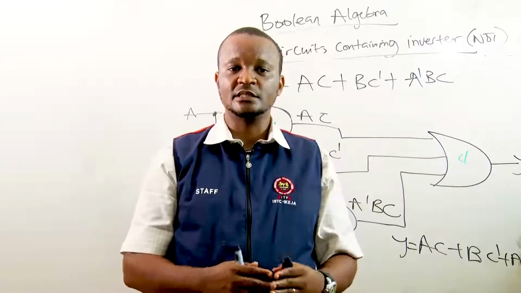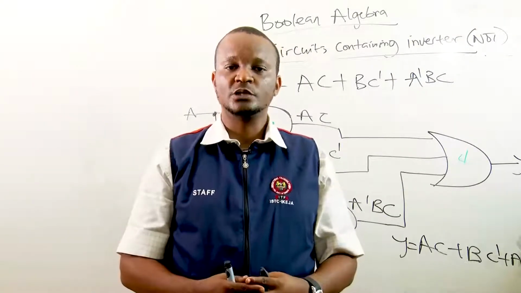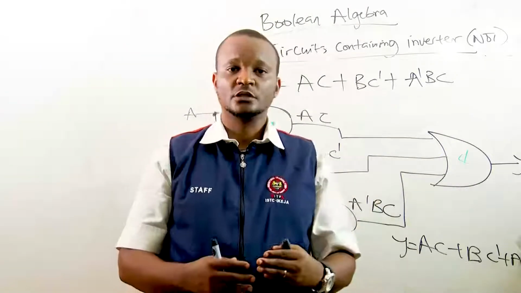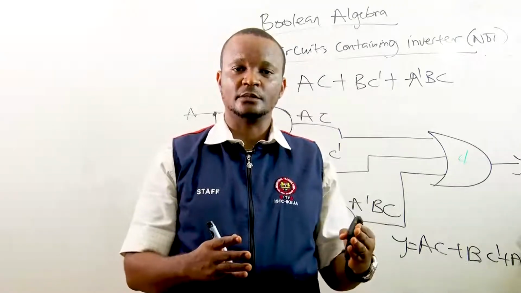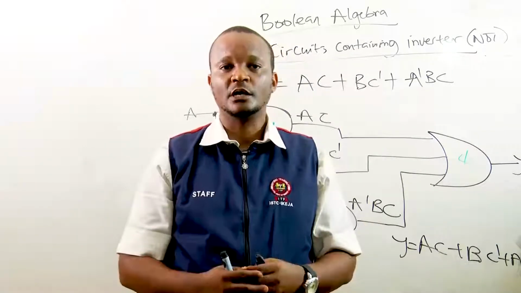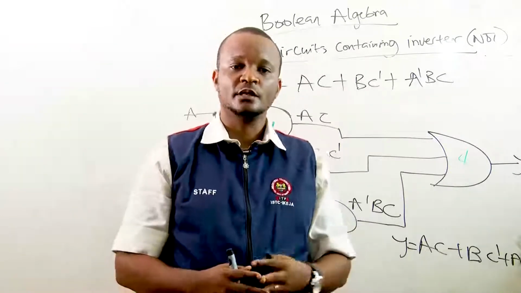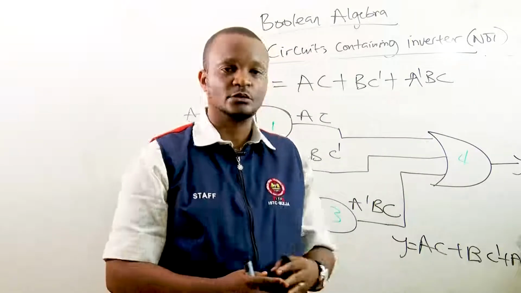Okay, there is a 3-variable De Morgan's theorem. When you go through them, this will help you to further simplify complex Boolean logic circuits into Boolean expressions, or from Boolean expressions to a simplified logic circuit.